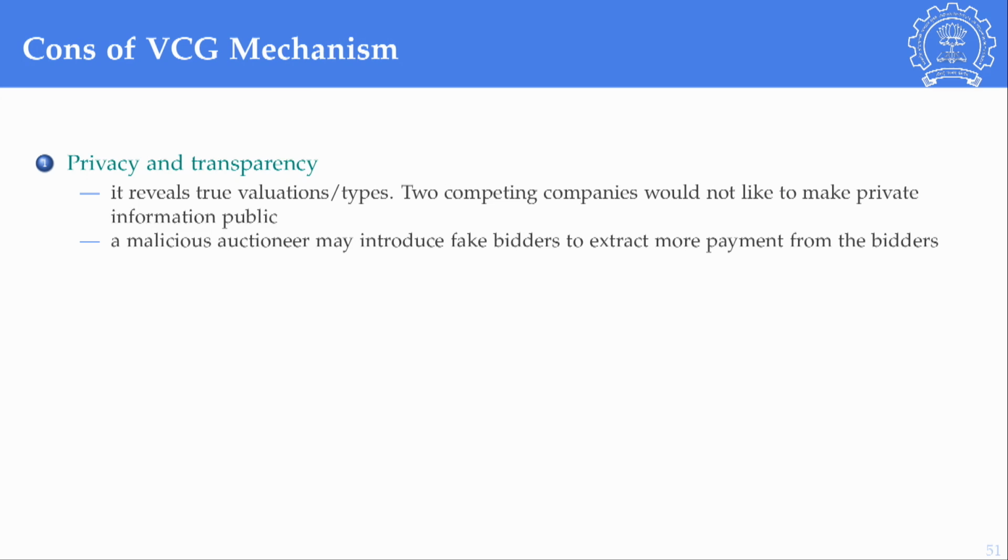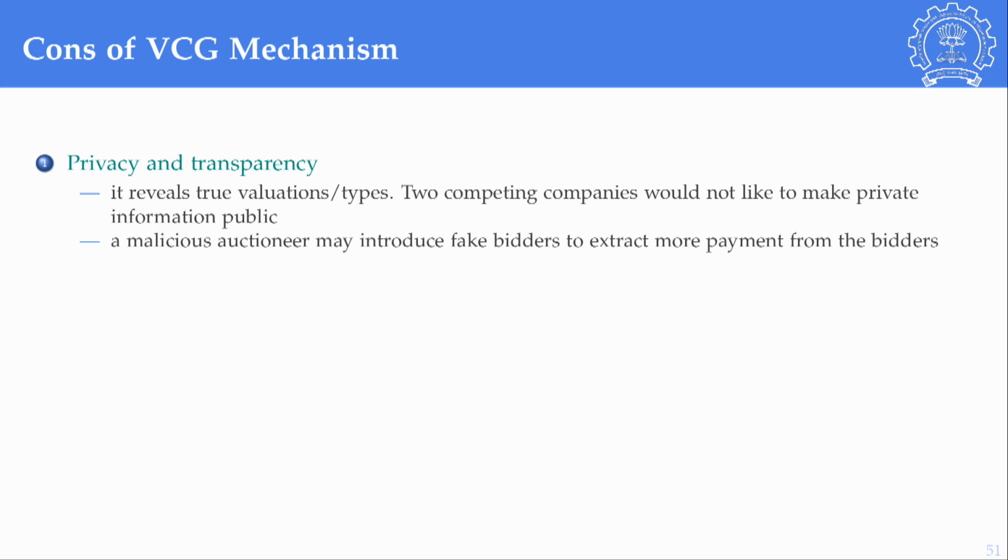The first concern or criticism is not necessarily for VCG; it is true for any truthful mechanism which requires full information from the players, right. So it is asking for, it is revealing, true valuations by all the agents. Think about two companies who are competing against each other.